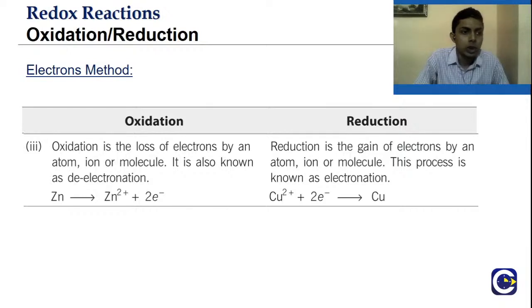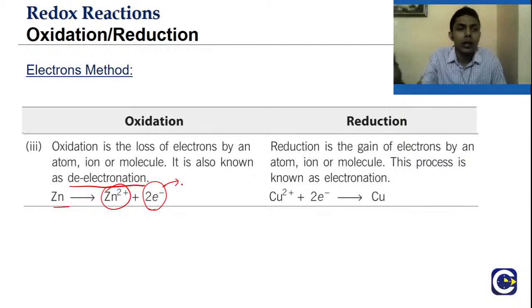So based on the electrons method, oxidation is the loss of electrons by an atom, ion, or molecule. It is also known as de-electronation. For example, Zn gives Zn2+ and 2e-. Since 2 electrons are emitted, it is an oxidation reaction.